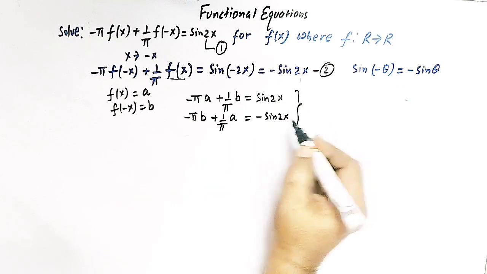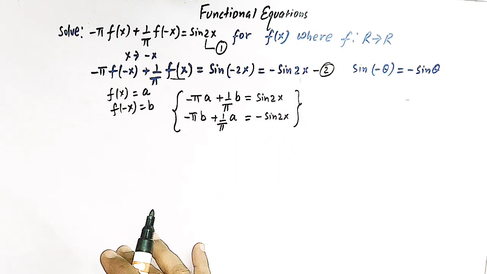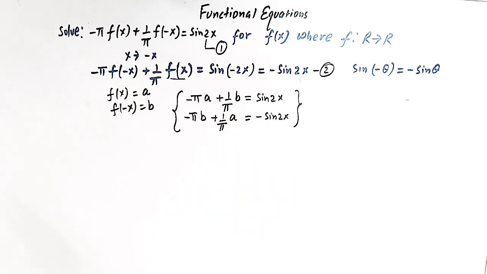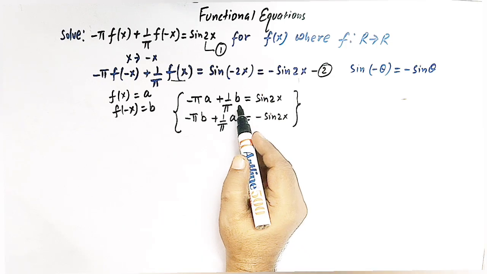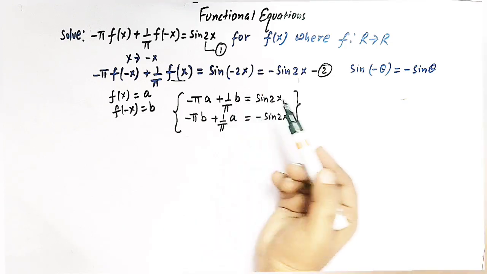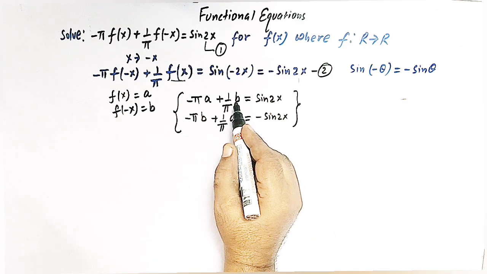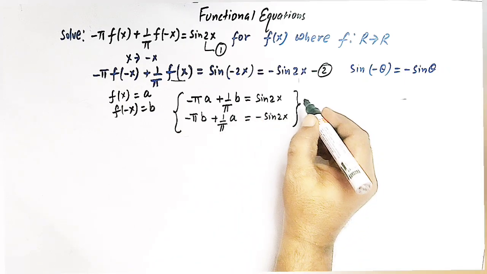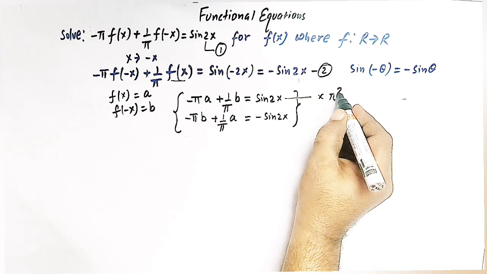So now we have two equations similar to a system of linear equations in the variables a and b. The second step is to eliminate the variable b, as we do while solving a system of linear equations. Let us equate the coefficients of b in these two equations. So let us multiply equation 1 throughout by pi square.